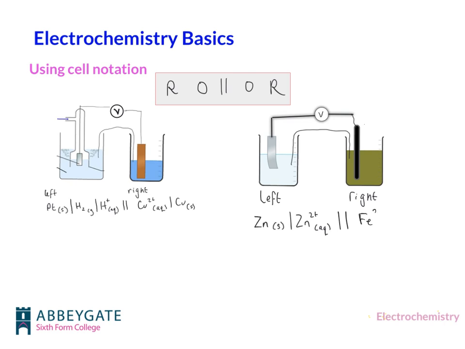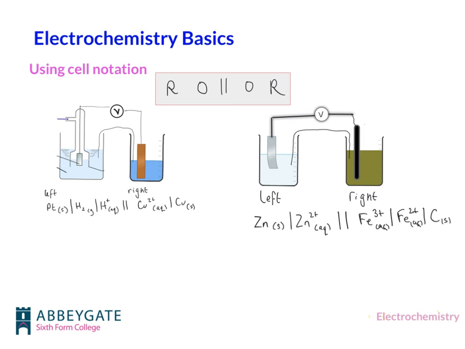And then on the right-hand side, we've got Fe3+ as the most oxidized form, Fe2+ as the most reduced form, and then we're using a carbon electrode, a solid carbon inert electrode. So again, it's ROOR, reduced to oxidized, oxidized to the most reduced, and because we're using a different electrode, we put it right on the outside. So that's how we use standard cell notation.